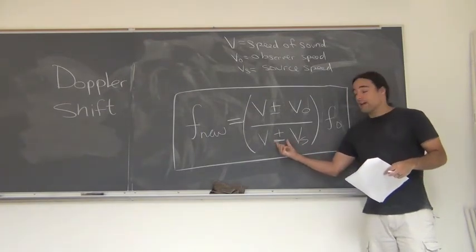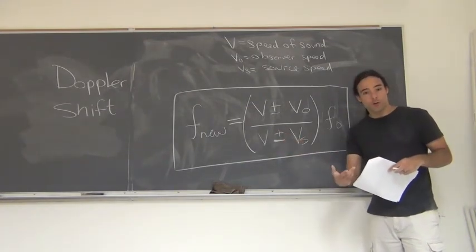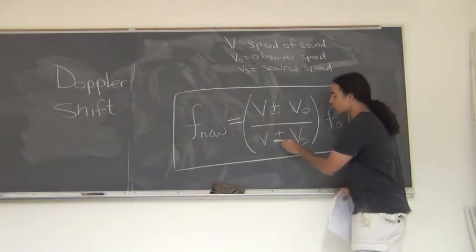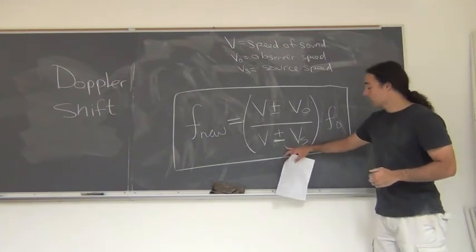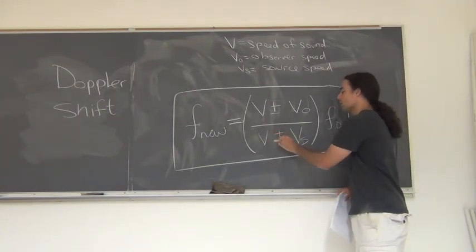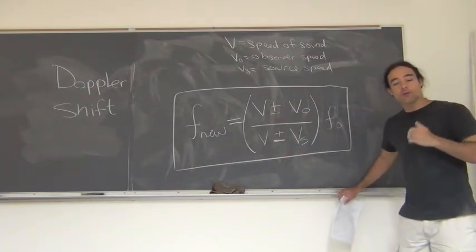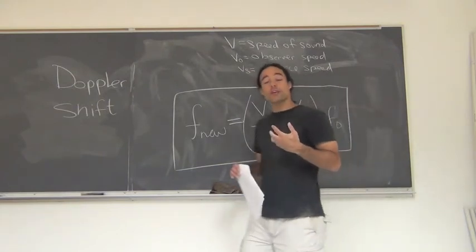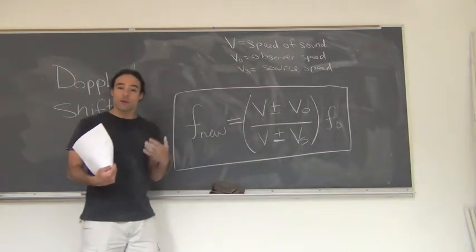Well, we're in the denominator, so we want to divide by a small number to get a bigger frequency. So if the source is moving towards the observer, we want to use the minus sign. If it's moving away from the observer, we expect that frequency to go down, so we want to use the plus sign. This can get a little bit tricky, but you just want to think about physically what's going on.